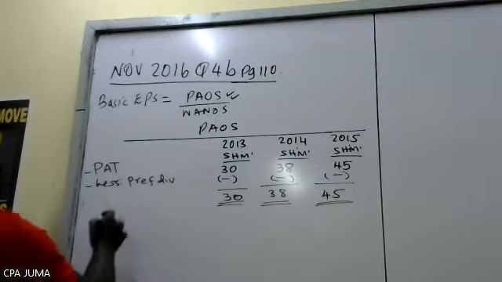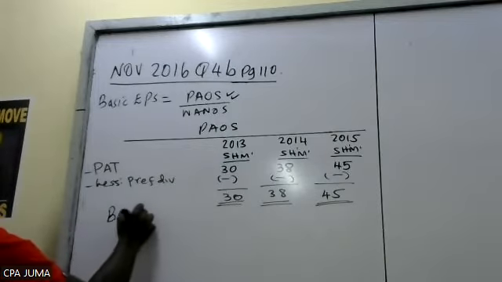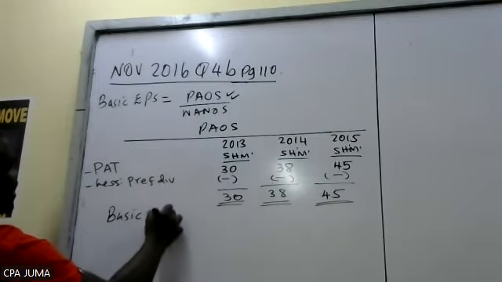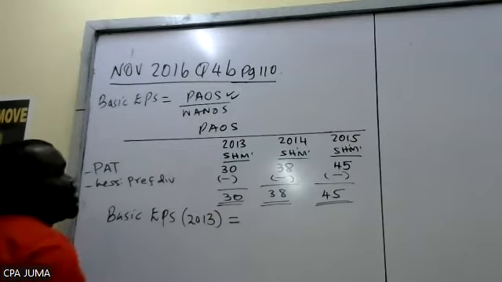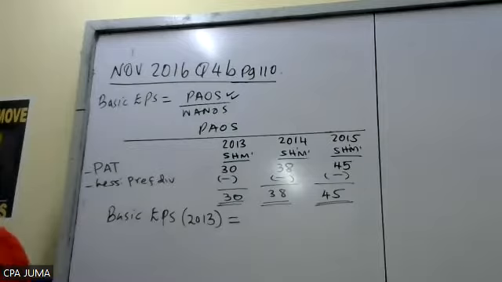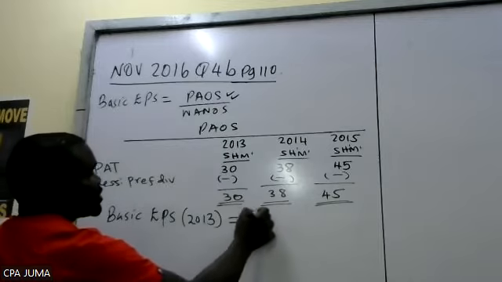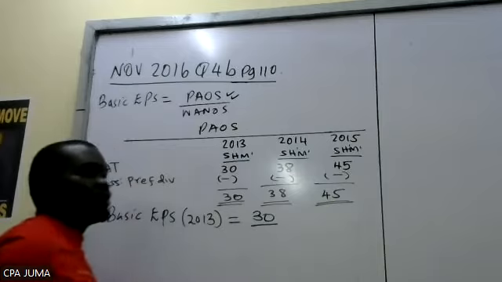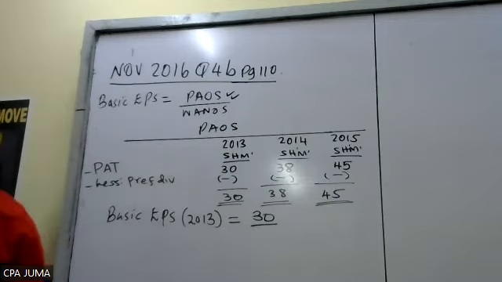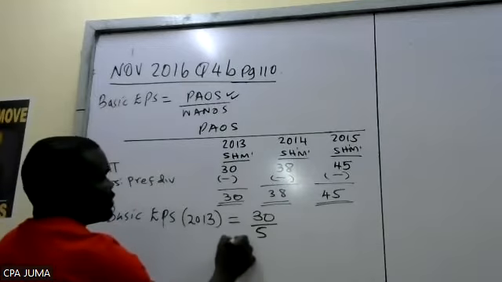So you come and say, basic earnings per share 2013 will be profit, which is 30, divided by the number of shares. The number of shares here is 5.